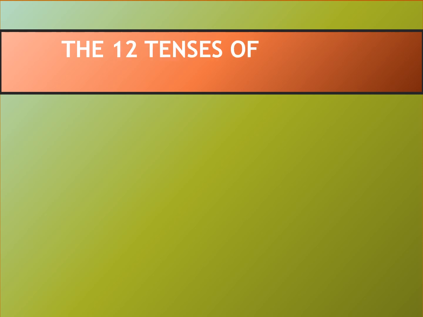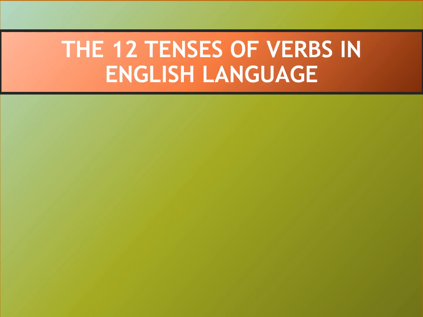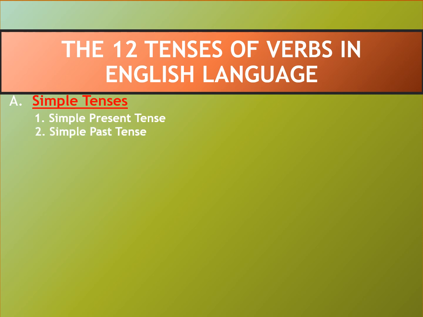In the first video lesson, I have given these 12 tenses of verbs in English language with their corresponding verb structure and sentence usage, which is divided into 4 groups, which I started in simple tenses that includes simple present tense, simple past tense, simple future tense.